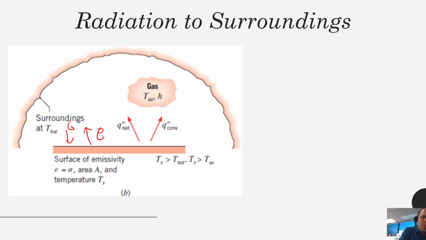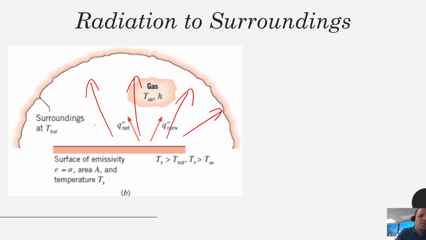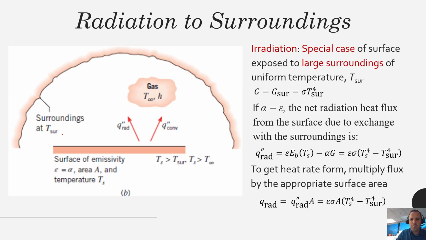And if we assume that our surface is going out uniformly to all of its surroundings, that will make dealing with all that, what I called the view factor, a lot easier. So when we have a small object that is completely surrounded by other surfaces at uniform temperature, so if we could approximate our surroundings all occurring at this temperature T subscript surroundings, then we can get this much simpler form of this radiation heat transfer relationship.